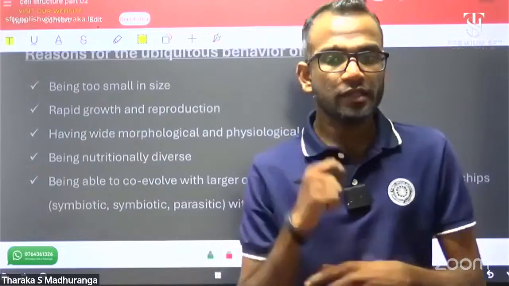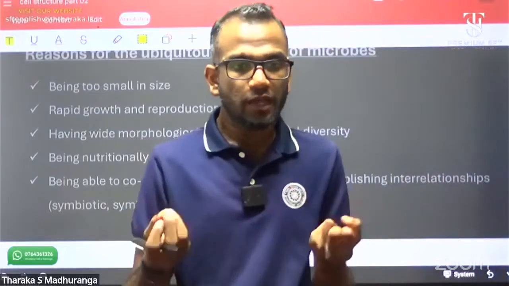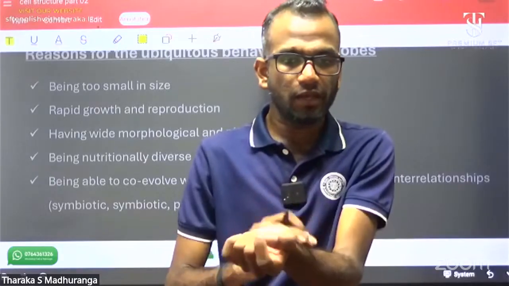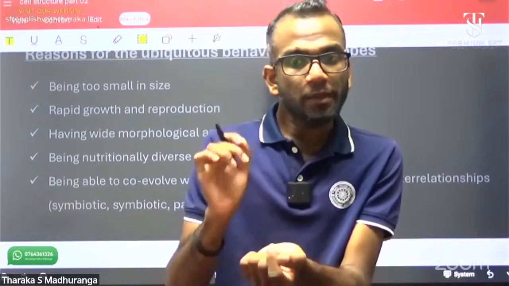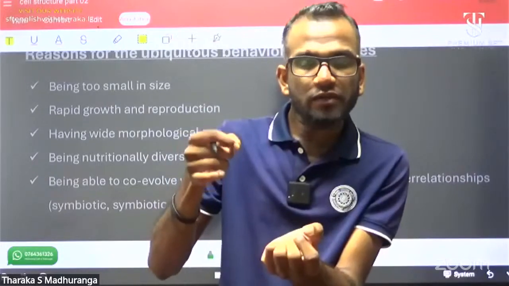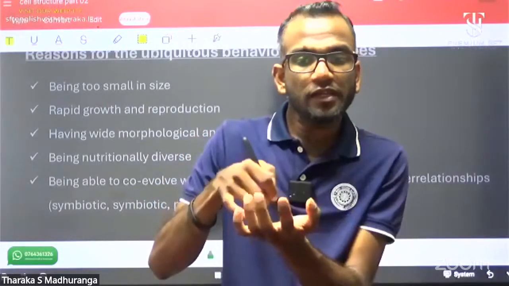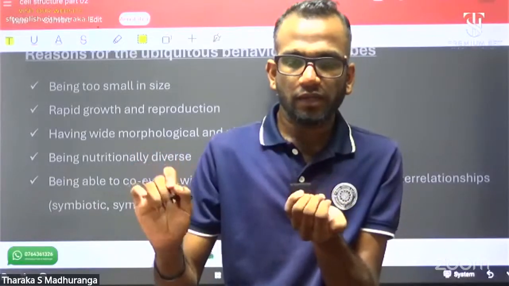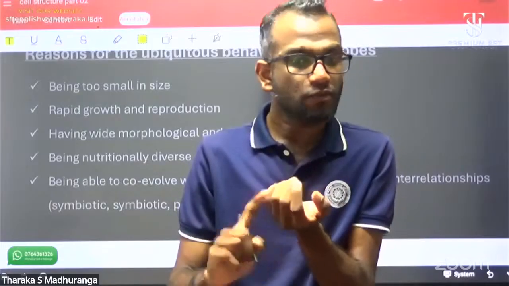Another thing, microorganisms are living on our skin. A huge number of microorganisms live on our skin, right? It's a good nutrition medium for them. That's it. Okay, but remember, inside our blood, no microorganisms live. That was the MCQ question.